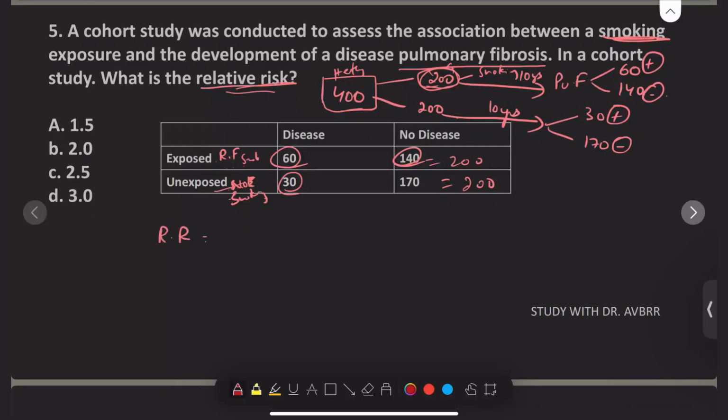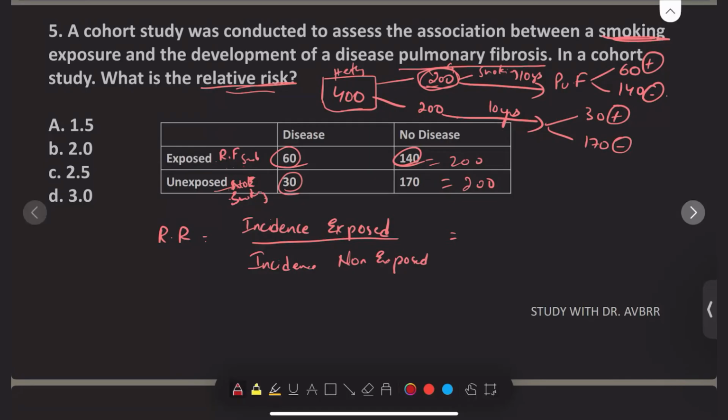Let's write down the formula for relative risk: incidence in the exposed by incidence in the non-exposed. So what do you mean by incidence in the exposed?